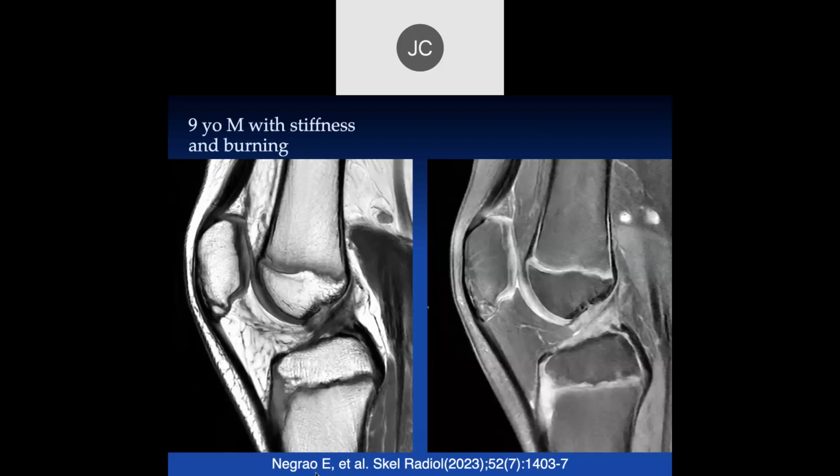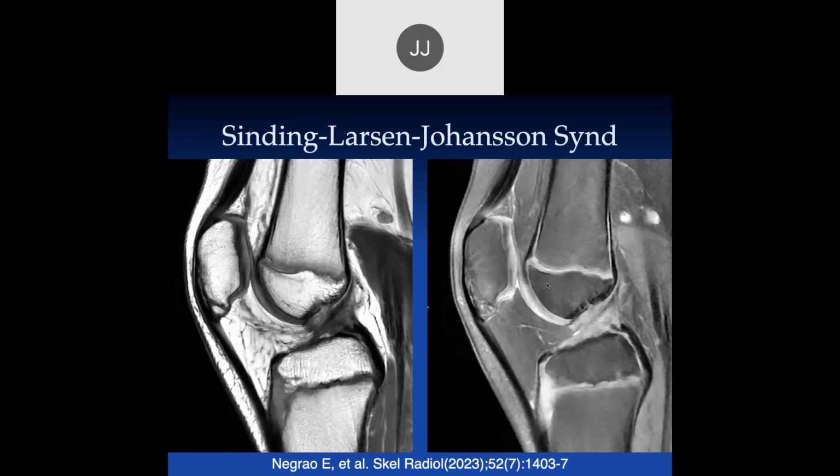Yeah, right. And then so stiffness and burning, and this is Sinding-Larsen-Johansson syndrome. John, do you want to tell us what this is? That looks to me like, oh, you mean a syndrome? Yeah, right. I really don't know much about these syndromes, but they involve various different parts of the body, not just that little tubercle in a patella.